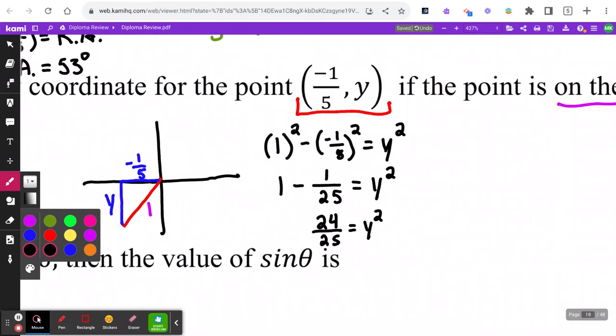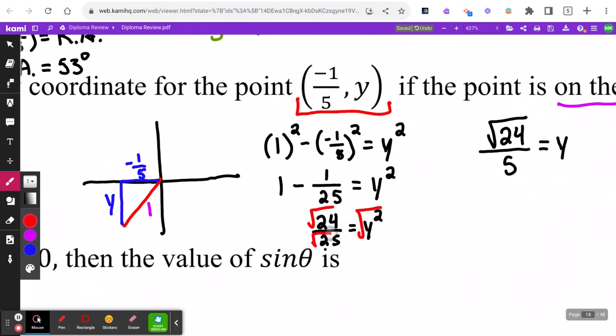When you square root both things, you get root 24 over 5 equals y. Remember, you square root the top and the bottom of the fraction.